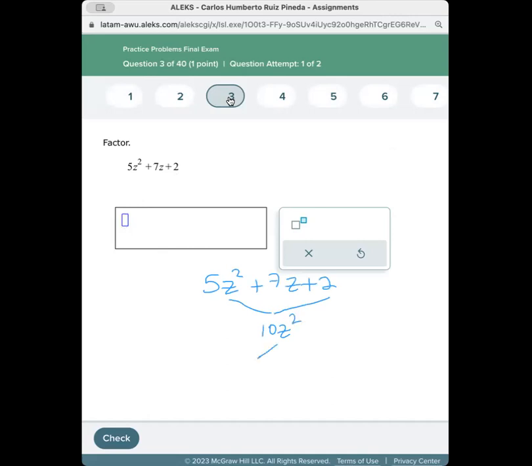And then we need to split this into two numbers that multiplied give you 10z squared and add up to 7z, so that we can rewrite the second term. So we can rewrite it as 5z positive and 2z, which add up to 7z. So we bring down the first and the third, and we factor by grouping.